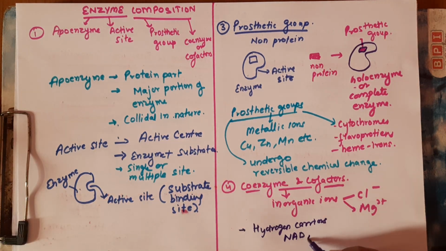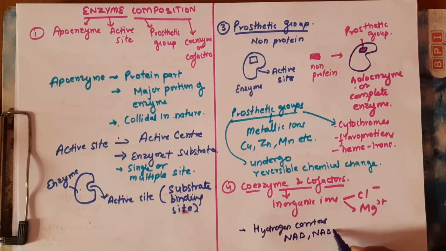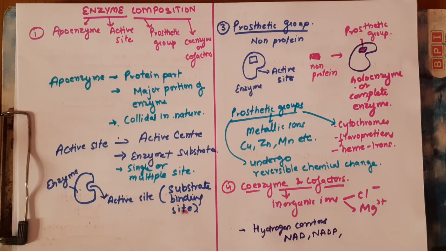Then there is NADP, that is nicotinamide adenine dinucleotide phosphate. Then there are some flavin nucleotides, lipoic acid, ascorbic acid, ubiquinone, glutathione. Then there are some acyl group carriers, amino group carriers, biotin, thiamine pyrophosphate, folic acid, etc.